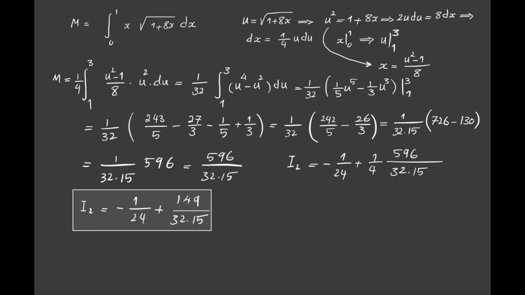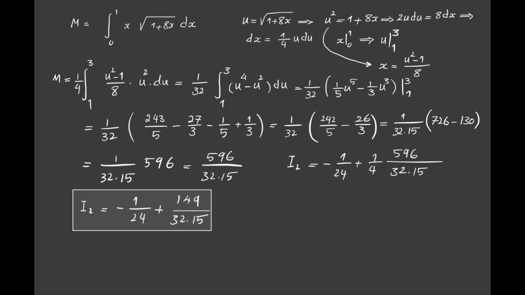So if you don't mind, let me just use the same integrand with the same trick. But what are the limits? This time, the lowest limit is minus 1 over 8. If I put it here, what I get for u is 0. And the highest limit is 0. When I put it here, I get 1. So instead of having 1 to 3, I will have 0 to 1, but the same integrand.